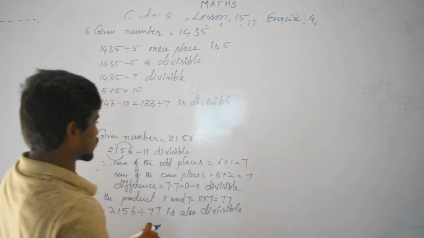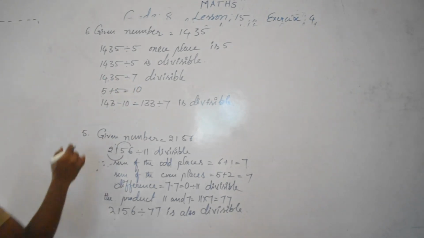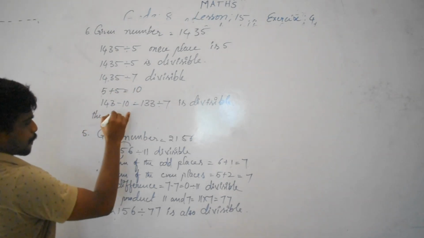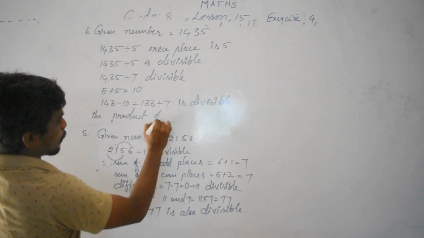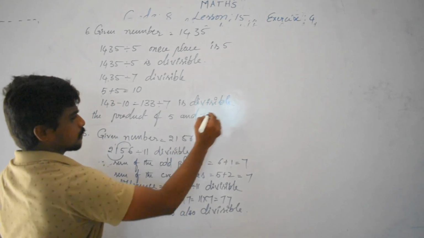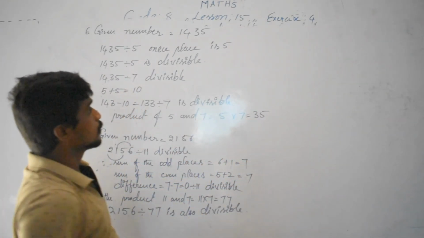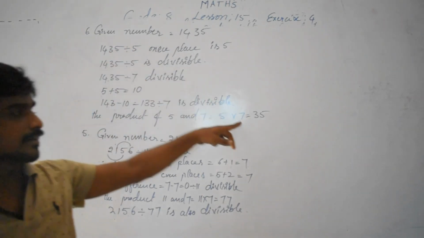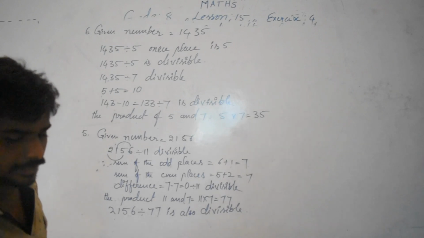Next they are asking the product of 5 and 7. What is 5 cross 7? 35. So this number divisible by 35. Divisible or not divisible?